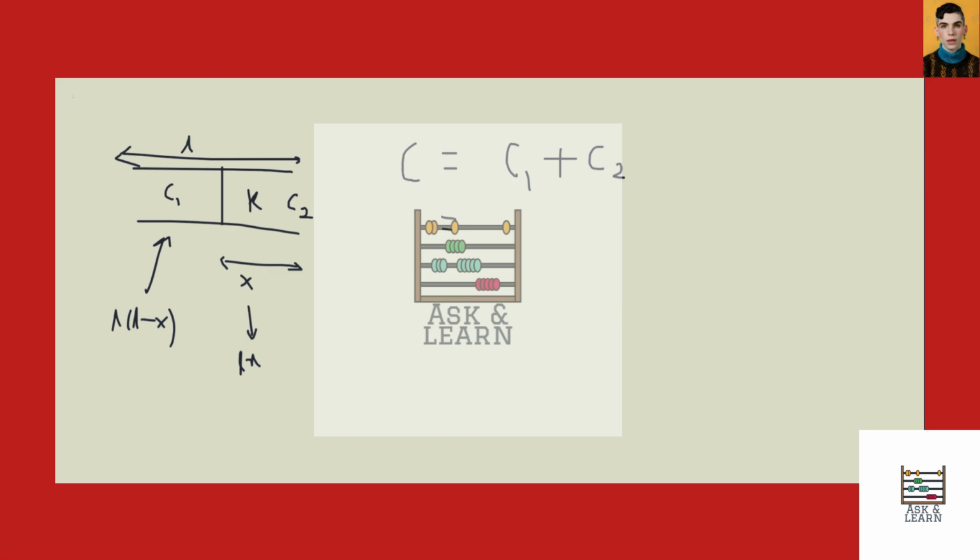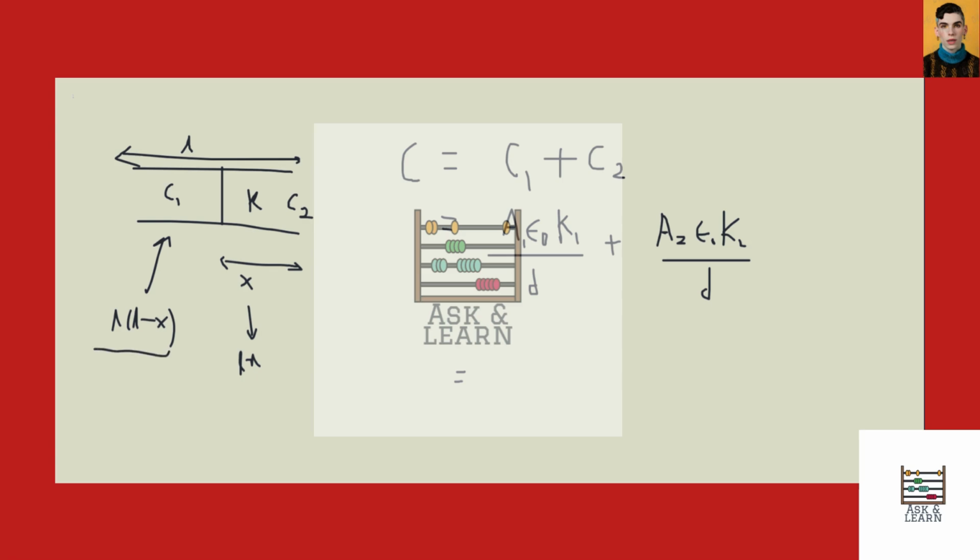So let's write down the formula for C1 and C2. You know that the formula for capacitance is area 1 times epsilon naught K1 divided by the separation distance D, plus again area 2 epsilon naught K2 divided by D. Let's substitute the values.